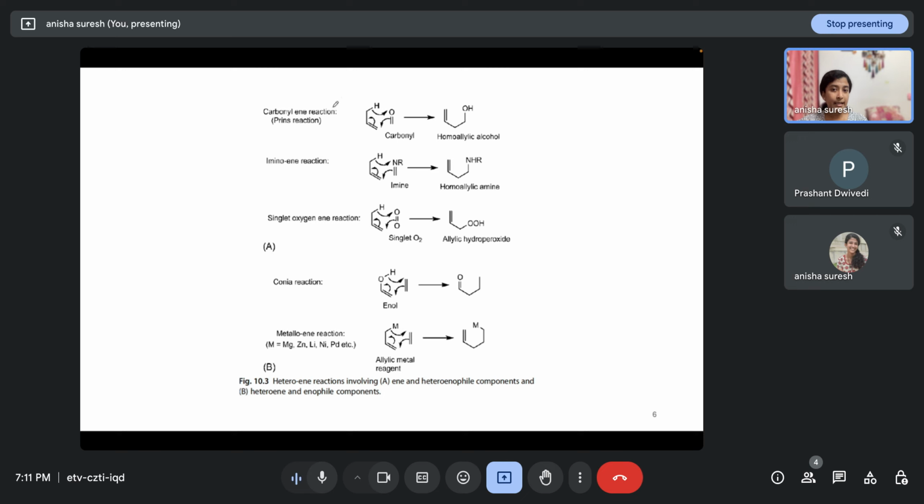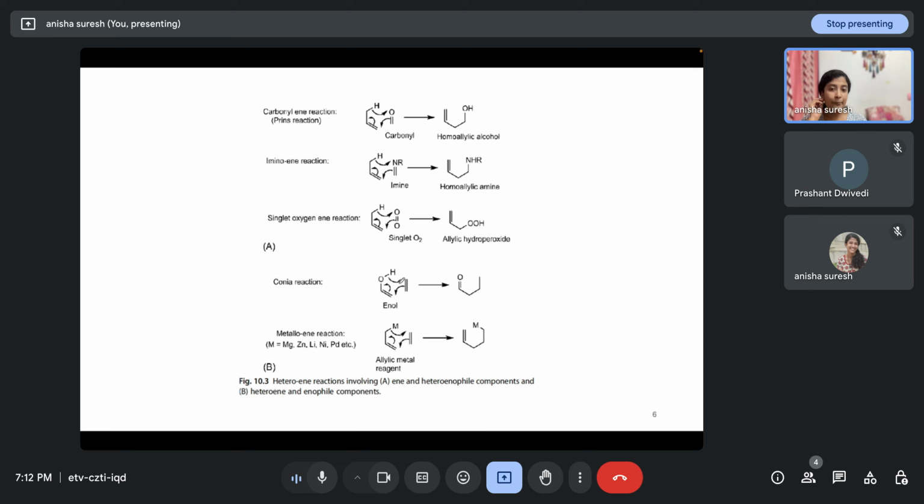So these 3 are examples of hetero-ene reactions involving a heteroenophile. Now coming to the second category of hetero-ene reactions where a hetero-ene component is involved. So Conia-ene reaction is an example of hetero-ene reaction involving a hetero-ene.